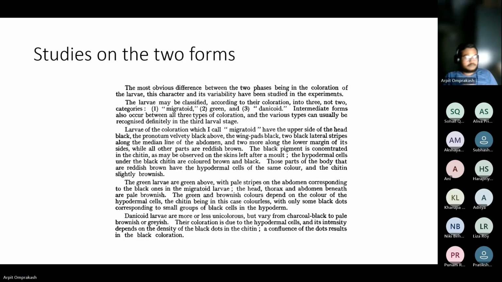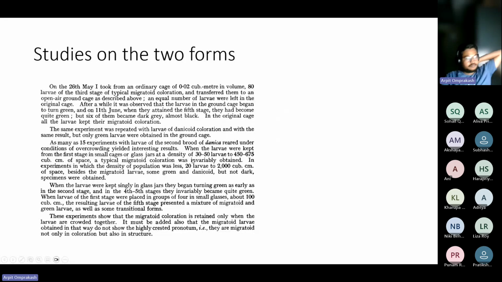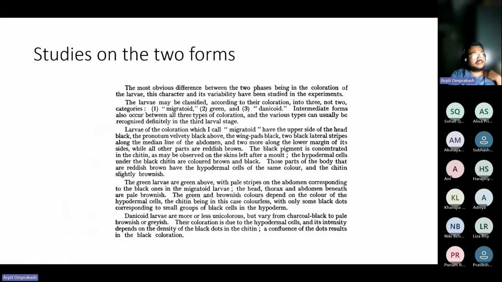Then he described the characteristics of migratoid larvae, greenish larvae, and danicoid larvae, how they look. This was one of the first studies of the two forms.